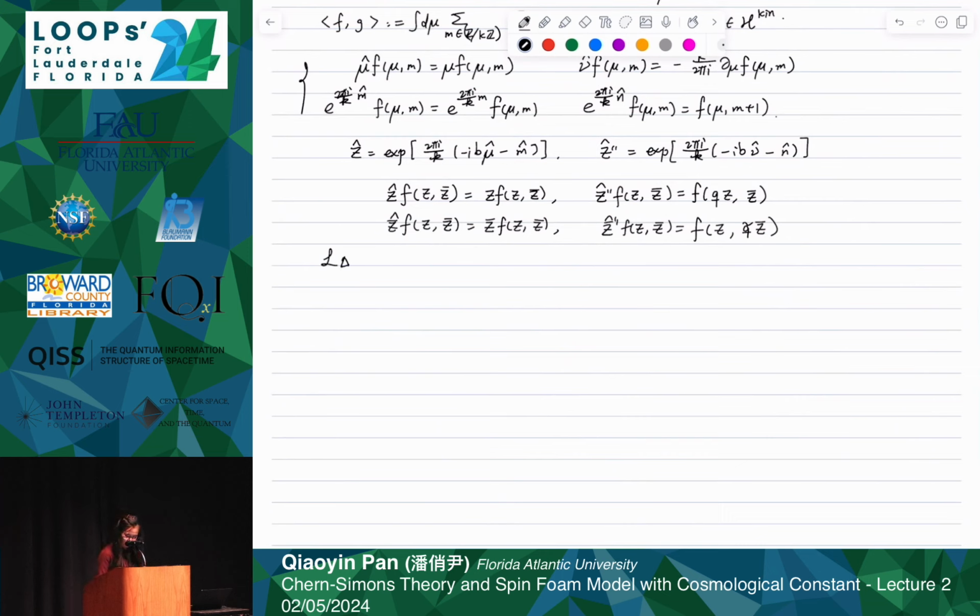So this is quantized to a distribution that satisfies the following operator. This operator is nothing but z double prime hat plus z minus 1 hat minus 1, and it acts on a function of z bar equals 0. And we also have the bar version of it.